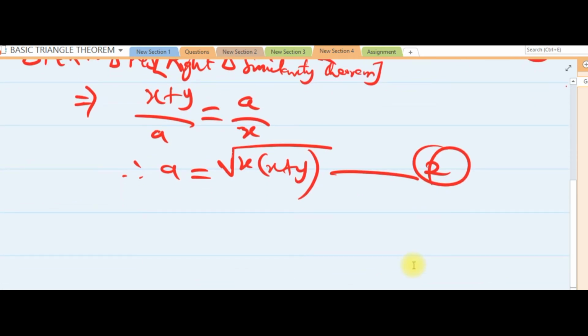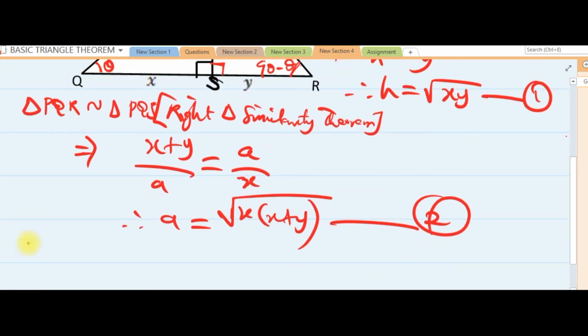Again, the bigger triangle PQR is similar to the small triangle PRS.